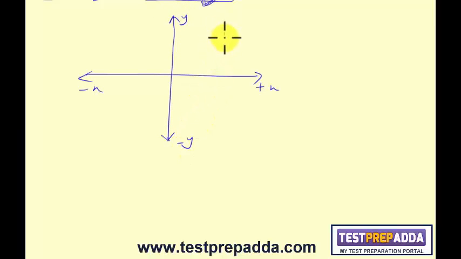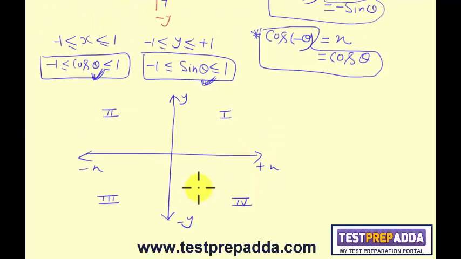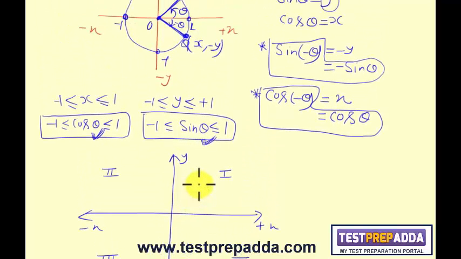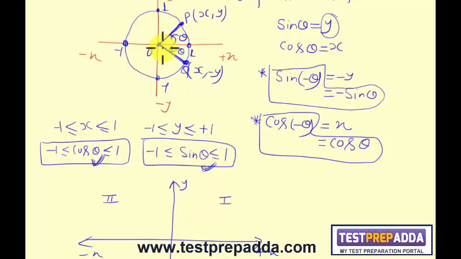This is first quadrant, this is second quadrant, this is third quadrant, this is fourth quadrant. Now if you go back and check this unit circle, in this first quadrant, the x coordinate and y coordinate both are positive.